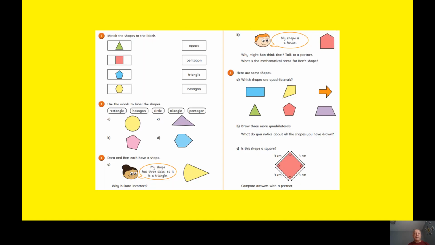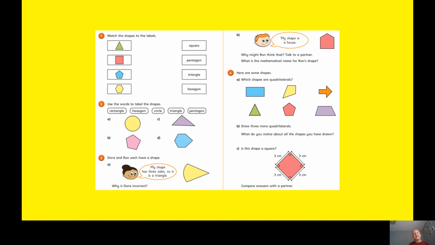Right, what I would like you to do is now to go through these questions one by one. They are fairly straightforward. So number 1, you're simply matching the shape with the names of shapes. Number 2, you need to label the shape. So perhaps on your paper, you might draw a shape and then put the name next to it. Number 3, you're asked a question.